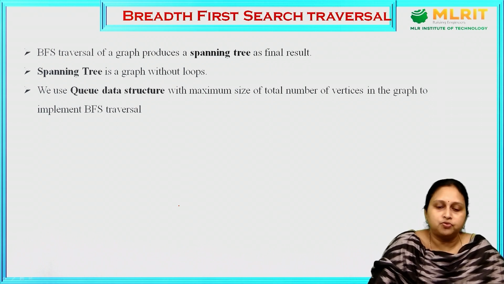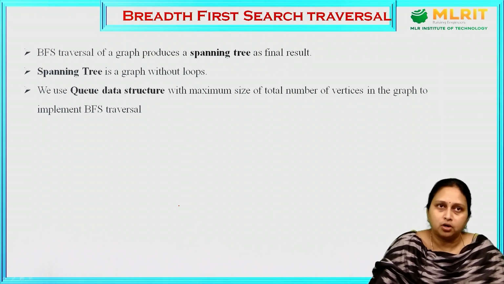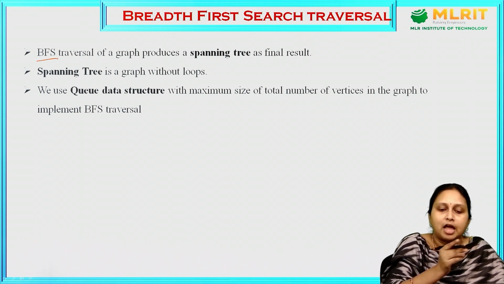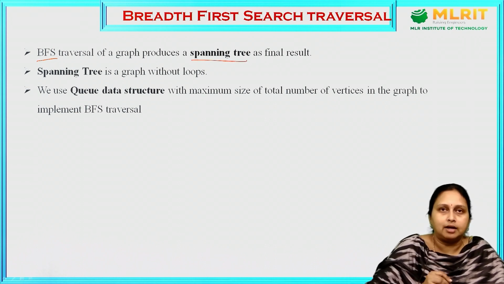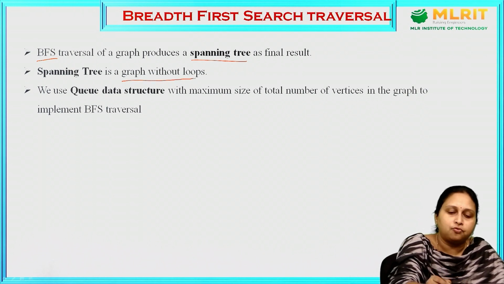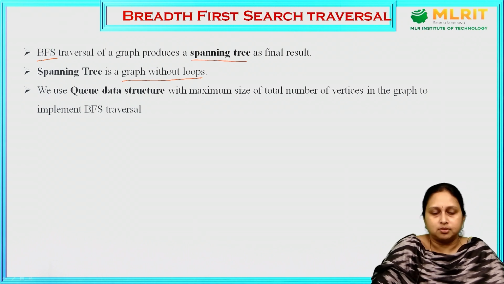Here, breadth first search traversal, in short, we are going to name it as BFS. BFS of a graph produces a spanning tree. At the end of the BFS traversal, it is going to produce a spanning tree. What is a spanning tree? We will discuss it now. A spanning tree is a graph without any loops.